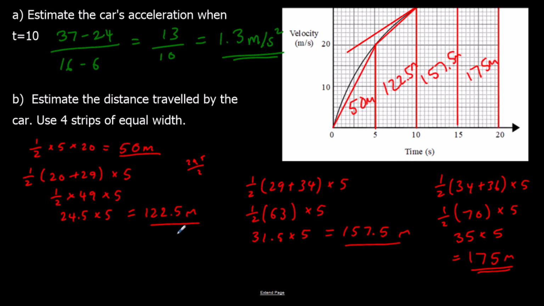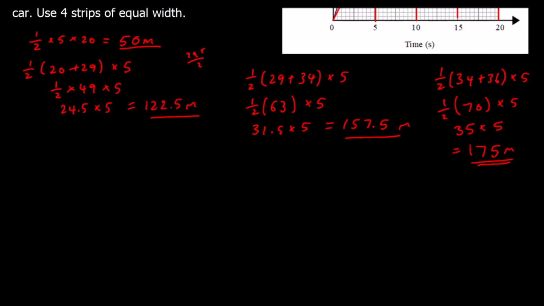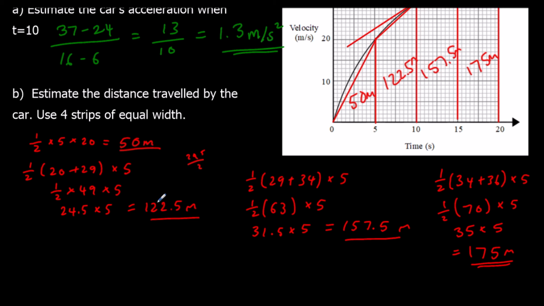Let's add them all up. So 122.5 plus 157.5. That should be a nice round number. So that would be 280. So 280 plus the 50 will be 330 plus the 175.